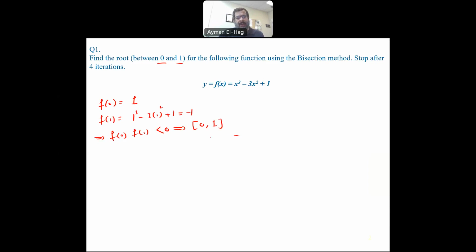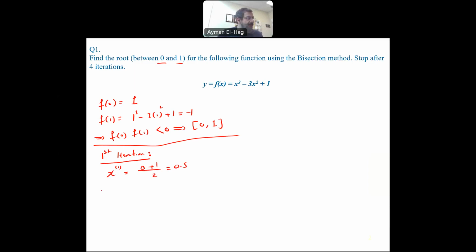Now, we'll start our iterations. So our first iteration. So this is our first solution. We will start with x1. We'll take the average, which is 0 plus 1 divided by 2, which is equal to 0.5. Now, your answer is either between 0 to 0.5 or 0.5 to 1.